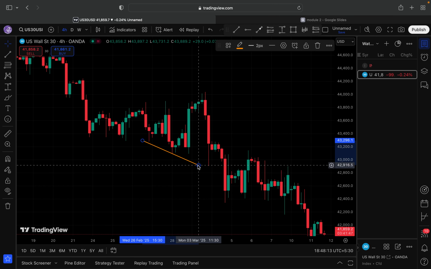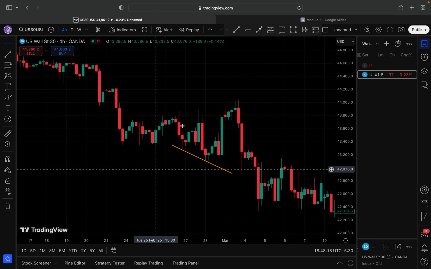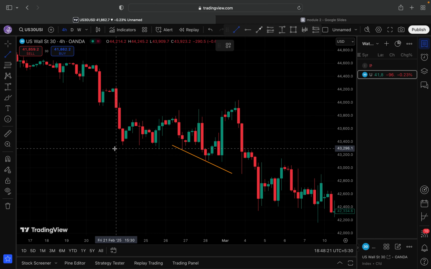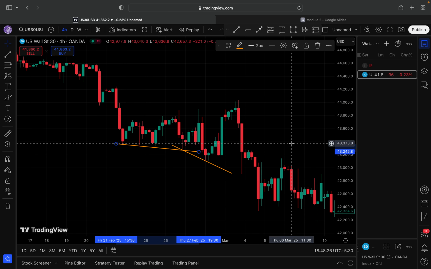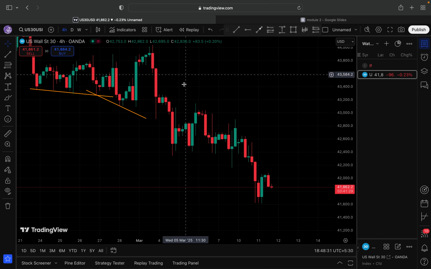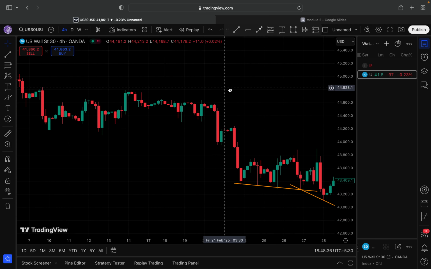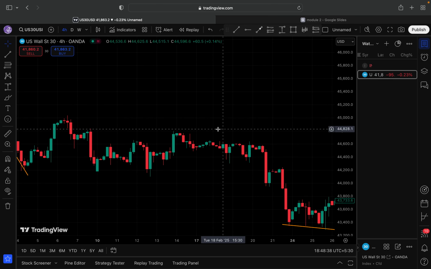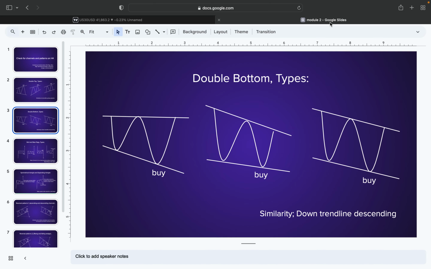It wasn't equal, it was all descending. So that is a clear similarity between the double top and double bottom.